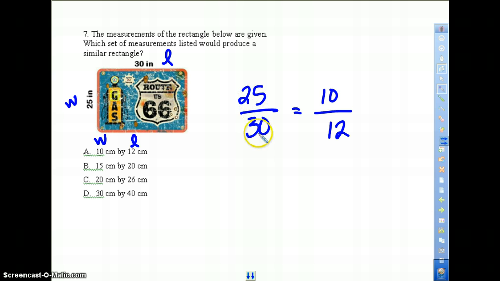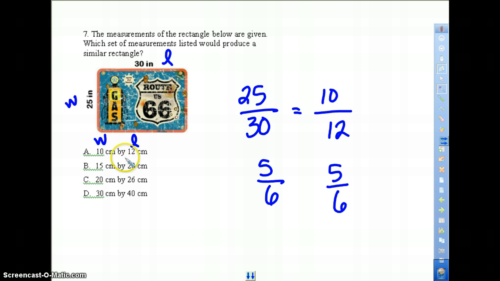Well, 25 over 30, they're both divisible by 5. 25 divided by 5 is 5, and 30 divided by 5 is 6. So the ratio of the width to the length is 5 to 6. Is this 5 to 6? If you divide this by 2, that reduces to 5, and this one reduces to 6, and it appears to be similar.